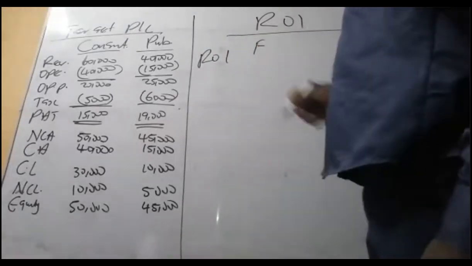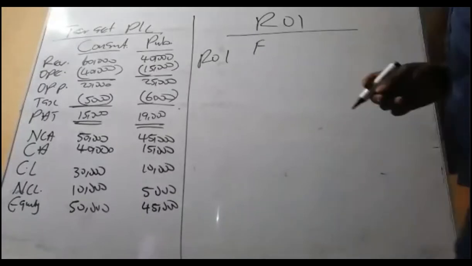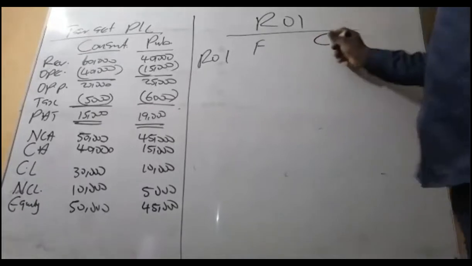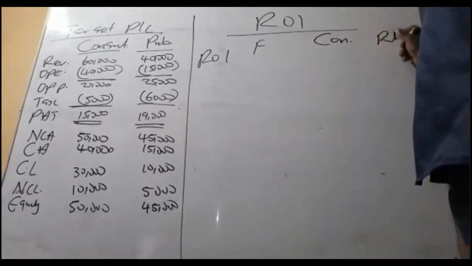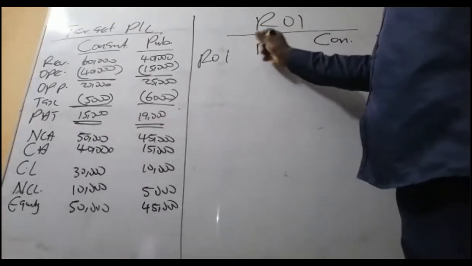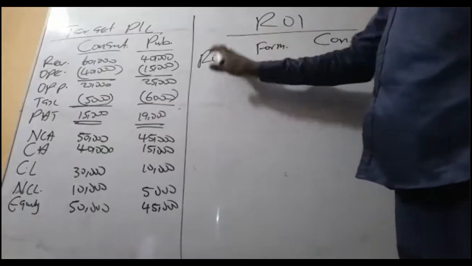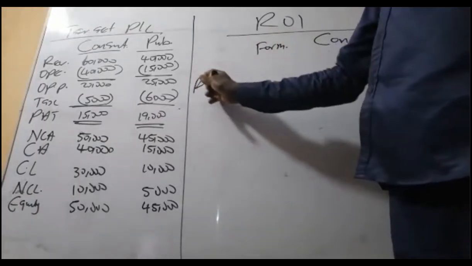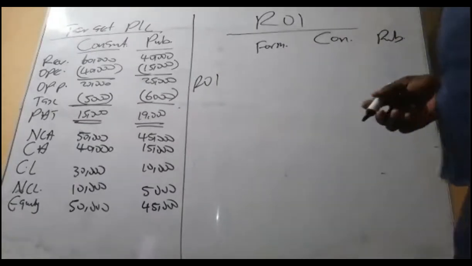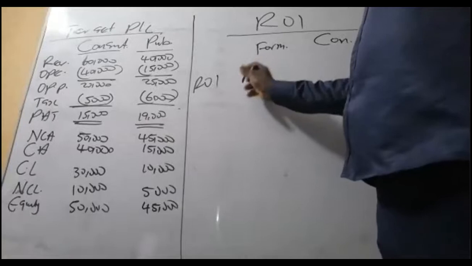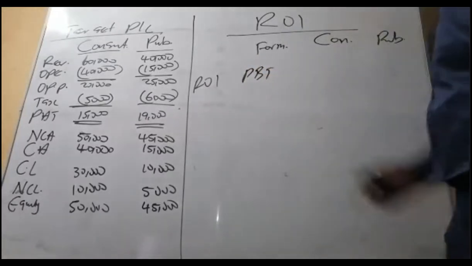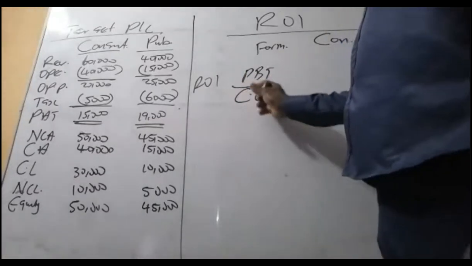I write the formula here for the consulting service and the publication. The formula is equal to profit before tax, after depreciation, all divided by capital employed.